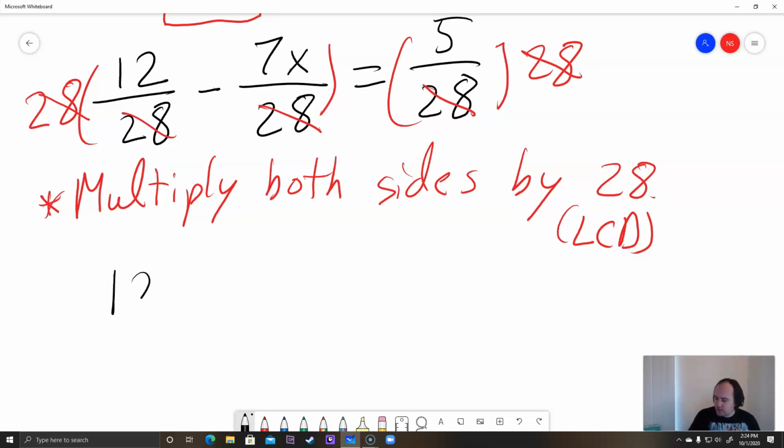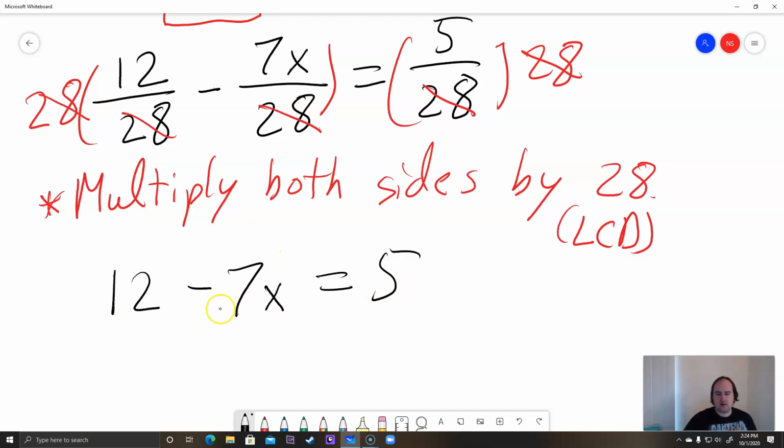Okay, so we actually get 12 minus 7x equals 5. So the advantage of doing it this way is it gets rid of all the fractions. It is a lot of work, but it's kind of easy once you get rid of all the fractions, because now this is easy to solve.